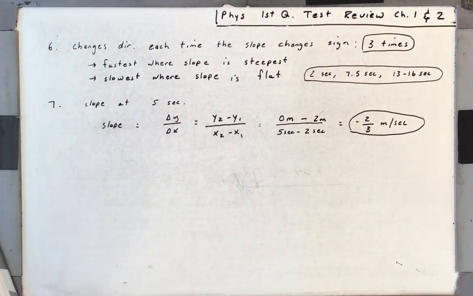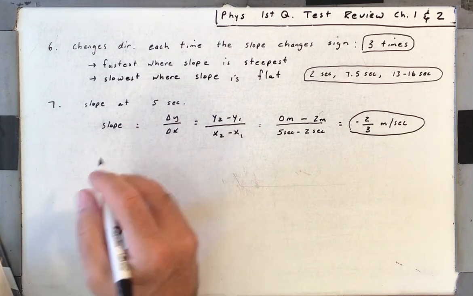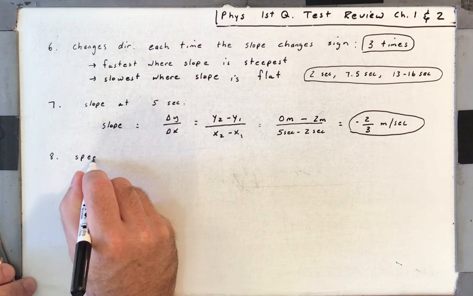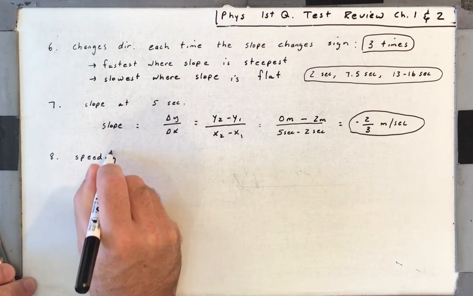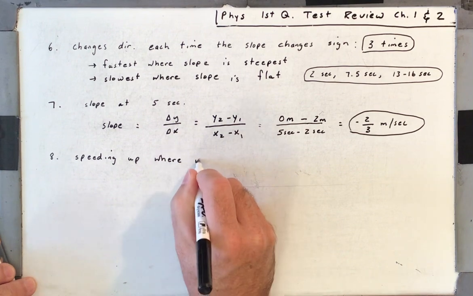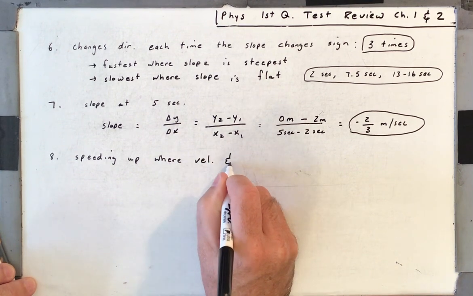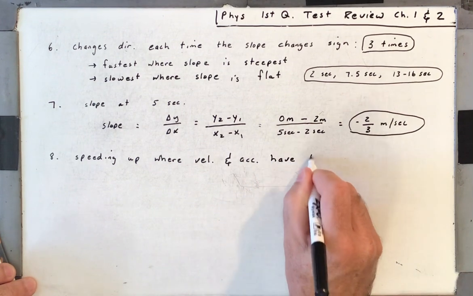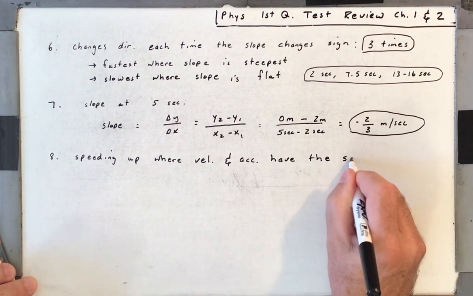So I'm going to go ahead and write that part down. Number 8: speeding up where velocity and acceleration have the same sign.